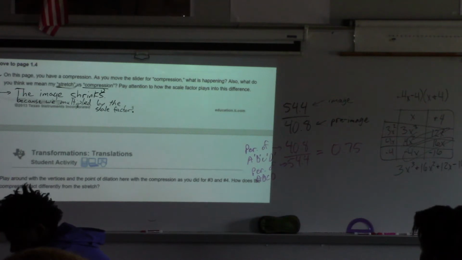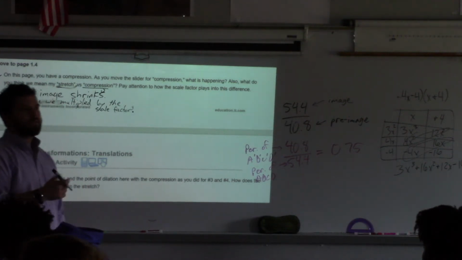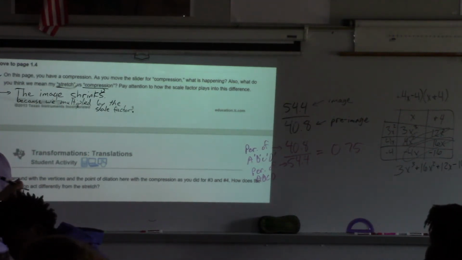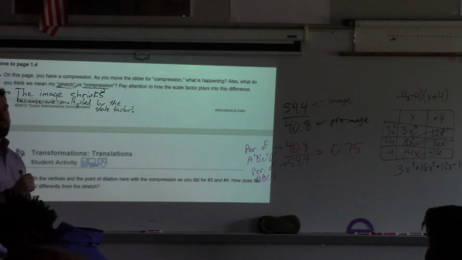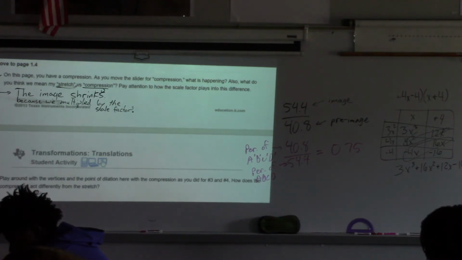With one caveat. If you multiply by a negative, what's that going to do? It's not going to necessarily shrink, but we multiply by negatives in one transformation already. Does anyone remember which transformation we multiply by negatives? A reflection.